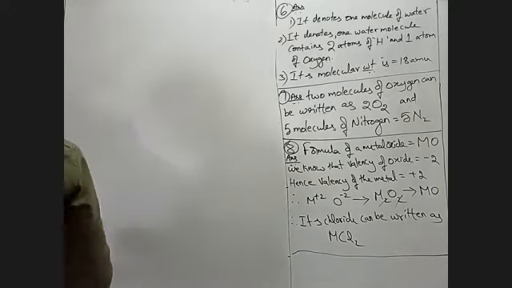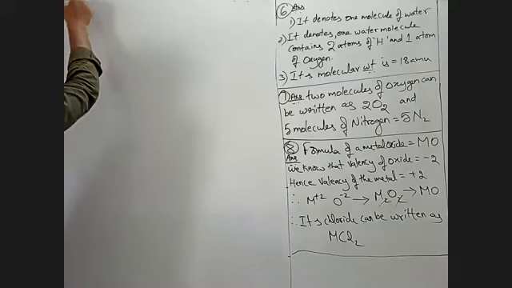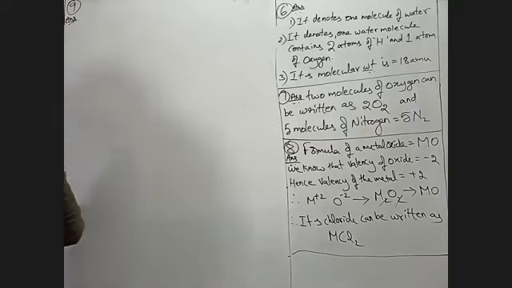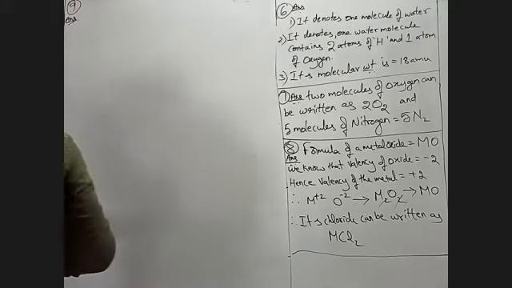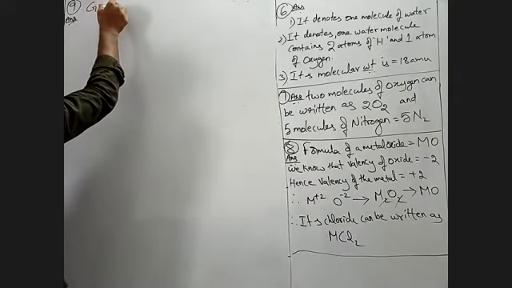Eighth question over. Then coming to ninth one. Formula of calcium hydroxide Ca(OH)2 and zinc phosphate Zn3(PO4)2 are given. Then write the formula of calcium phosphate. So what is given?